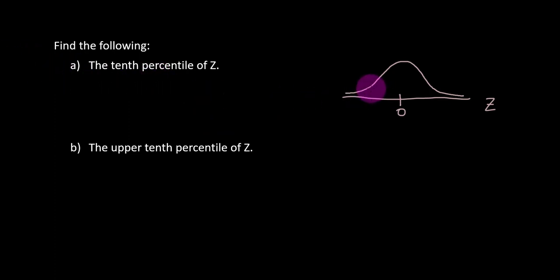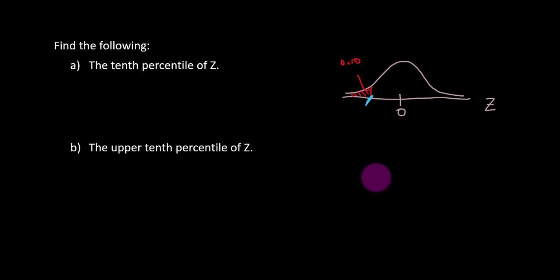For instance, if you scored in the 10th percentile, then you scored better than 10% of other people. So that is referring to this area as being 0.10. And just like earlier, we would want to find the tick mark that corresponds right there.